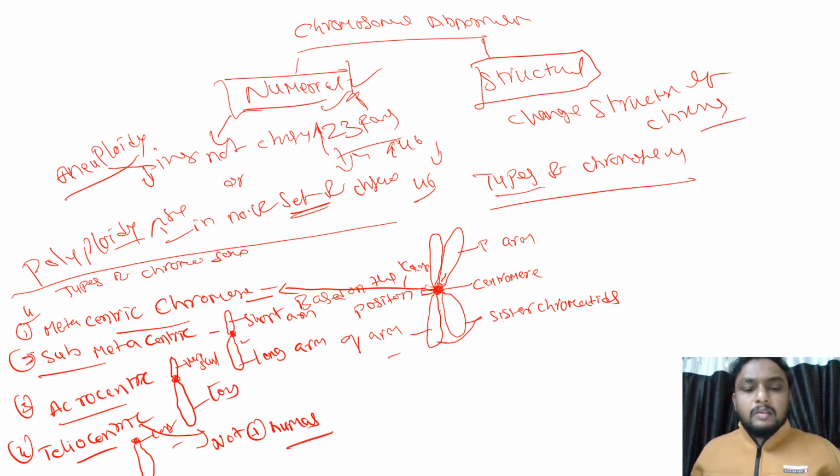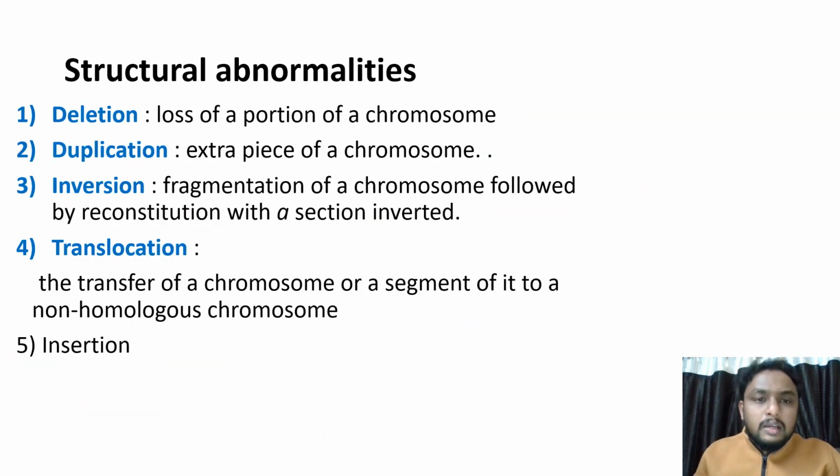So these are the three types we will see: metacentric, submetacentric, acrocentric. If there are any abnormalities in the structure of the chromosomes of a human body, then you can say chromosomal abnormalities. What are those? We'll see. Structural abnormalities of chromosomes.